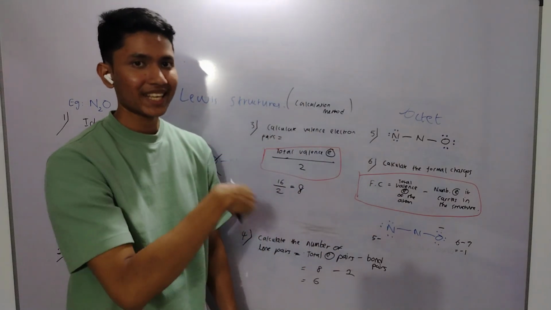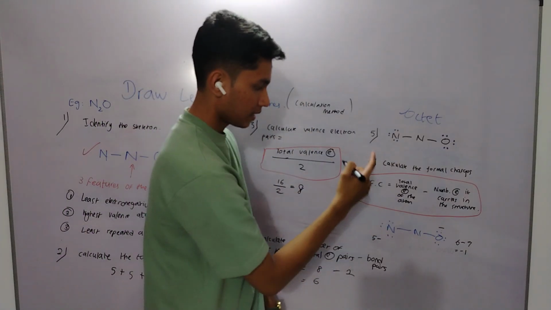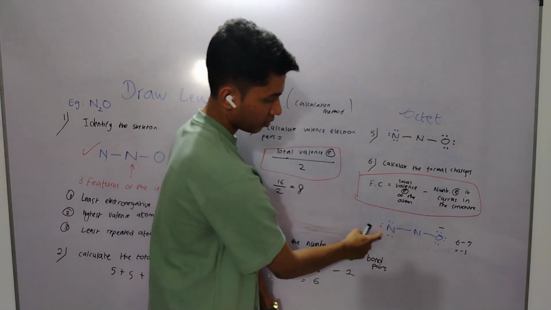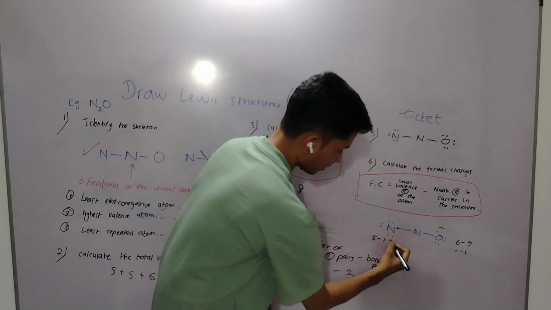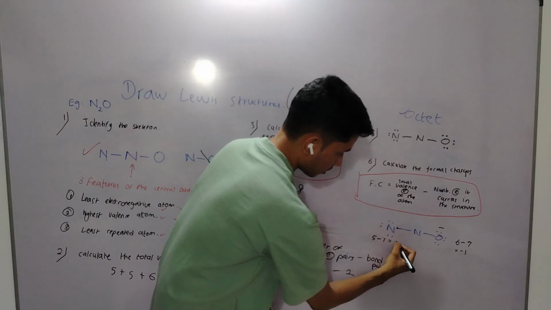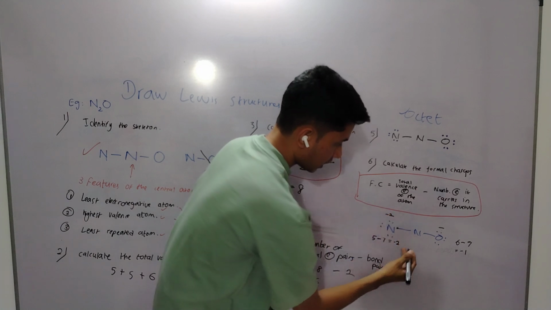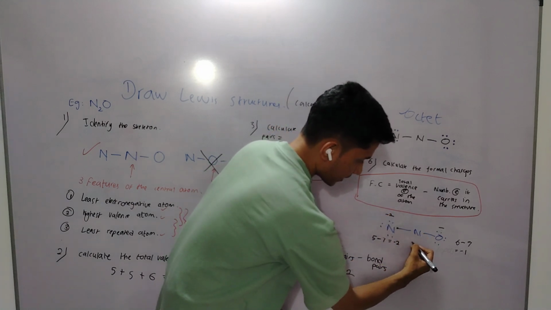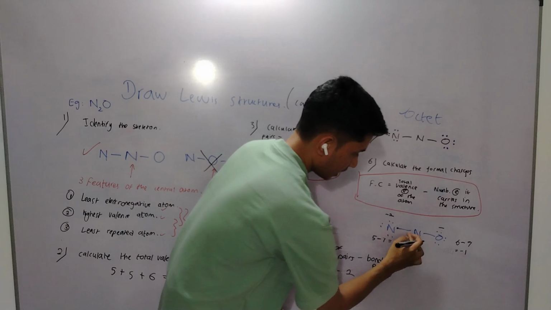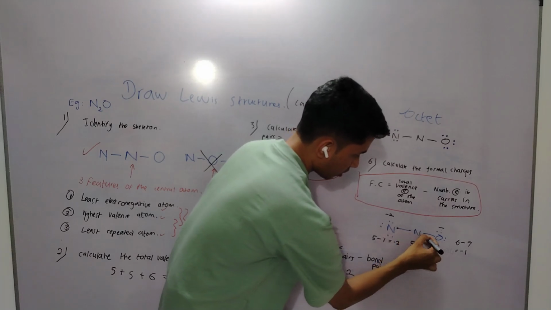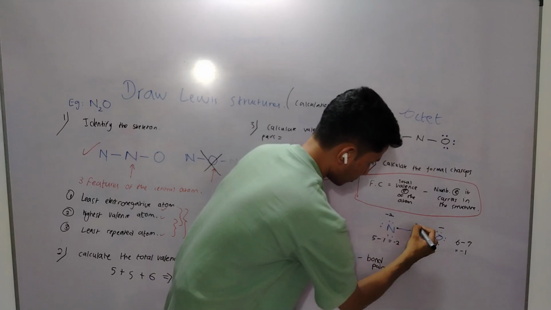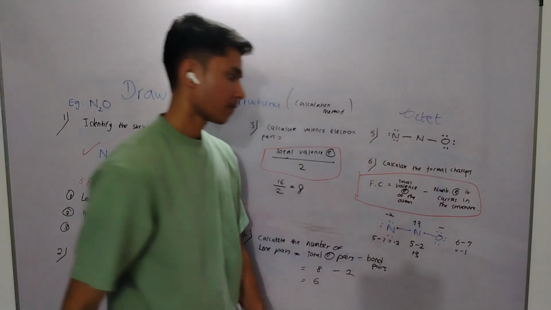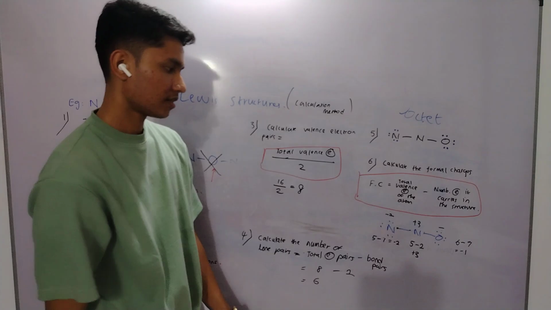The number of electrons it carries is 7: 1, 2, 3, 4, 5, 6, 7. 5 minus 7 is minus 2. For the central nitrogen, 5 minus the number of electrons it carries, which is 2, equals plus 3. It will be plus 3. Understood?